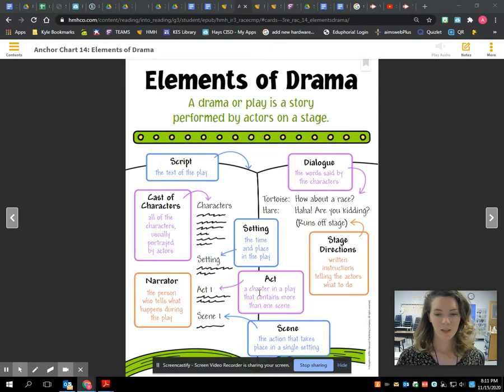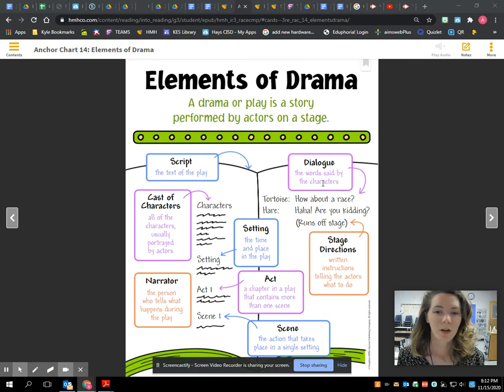A scene is the action that takes place in a single setting. So maybe they're outside the house and this event takes place, and then they move into the house and we might have a new scene because now they're in a different location. So scenes are the actions that take place in one single setting.